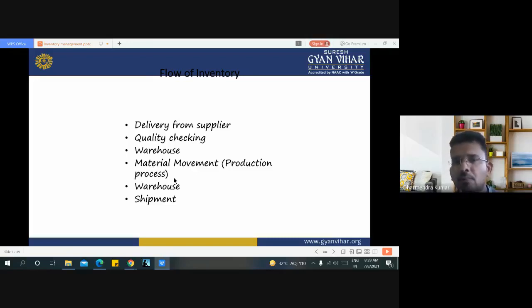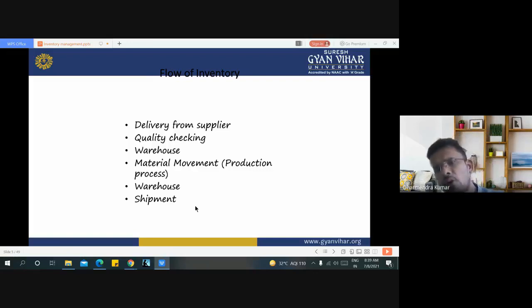Then our desired product is kept in the warehouse, and this warehouse is known as finished good inventory, where we keep only finished good products. After the warehouse, the shipment is carried out by the transport system for delivery of finished goods to the different markets and different customers.